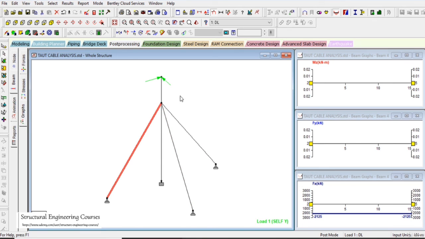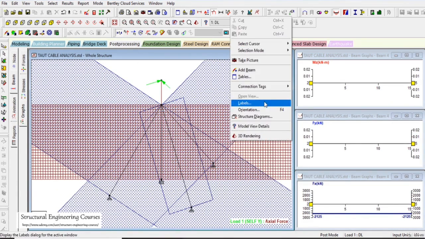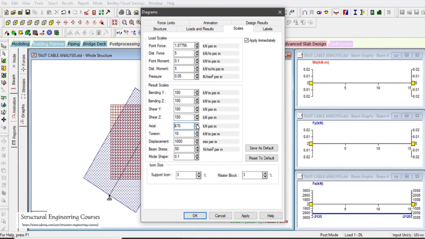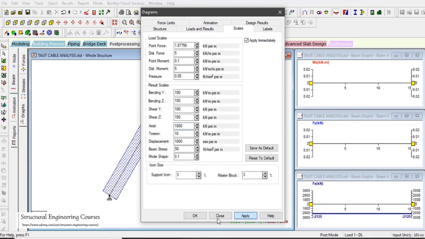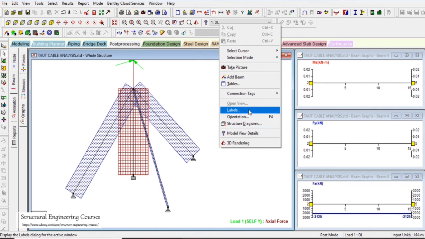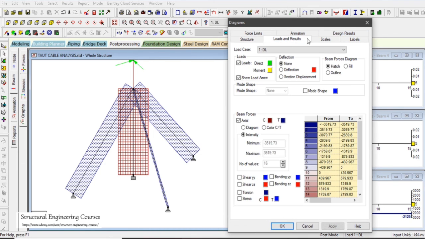So this was just an exercise here that you should see, and we can go to the labels, scales, apply immediately, and so here we can see that basically the blue is the tension, and brown is the compression.